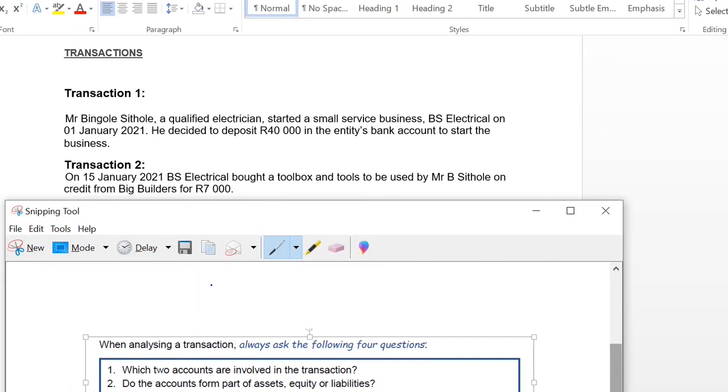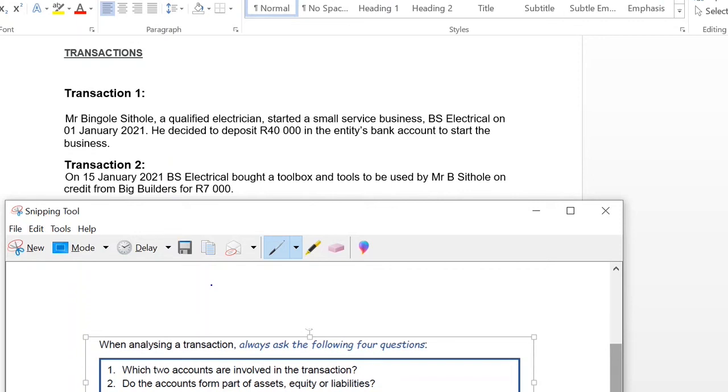These toolbox and tools are going to be used for him to perform services to customers. So he bought this toolbox and tools from Big Builders on credit.